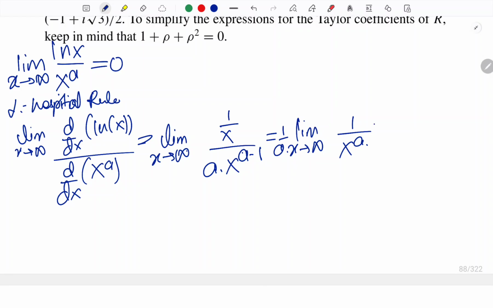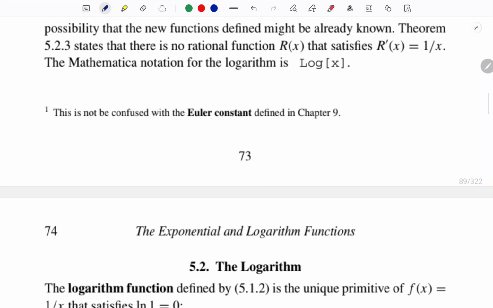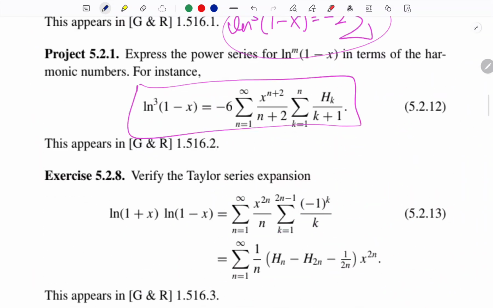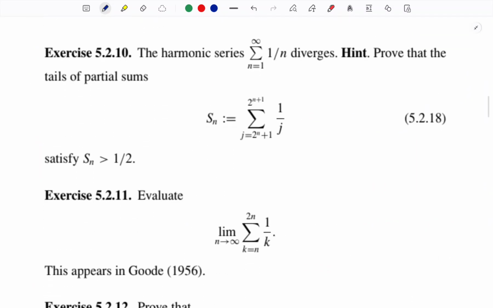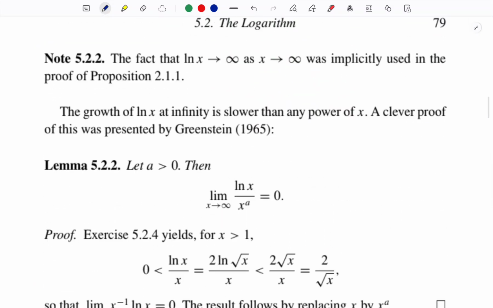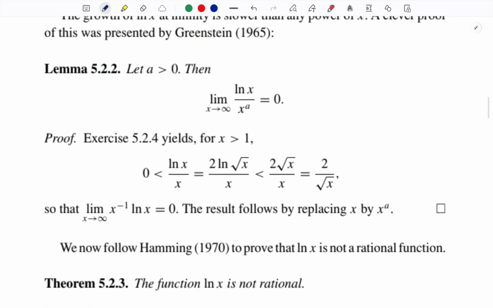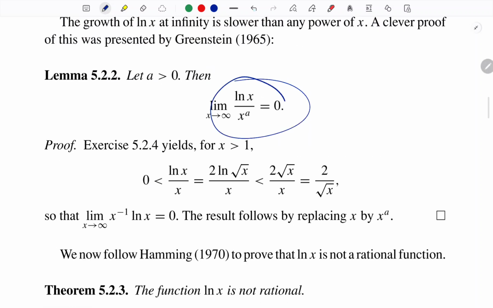So this is 1 over a times 1 over infinity, that is 0, and hence it is 0, right? So yes, this is right. Obviously I'm not going to prove this wrong at all. We were on 79, right? Yeah, here we are.